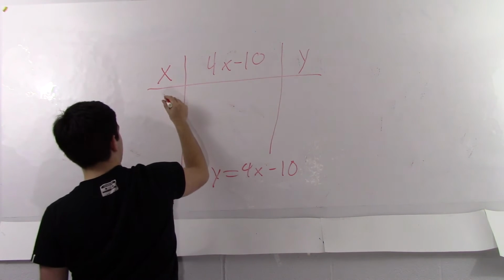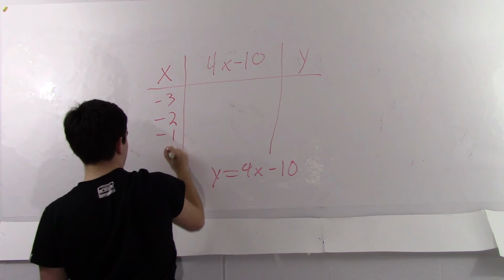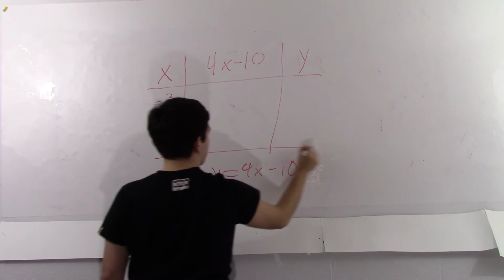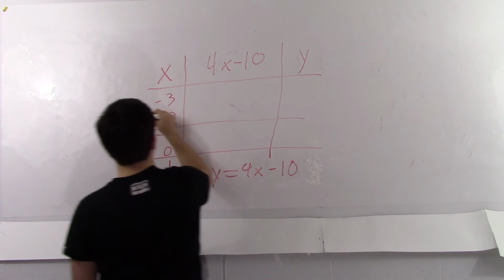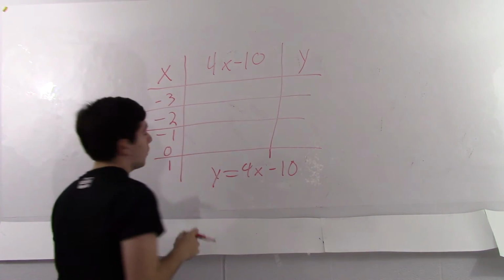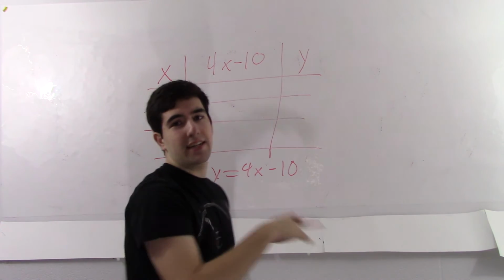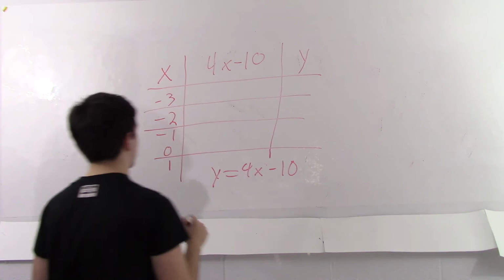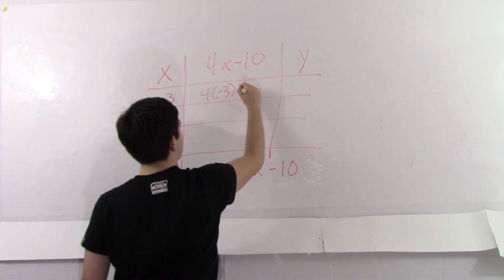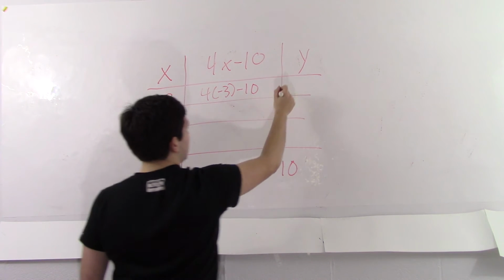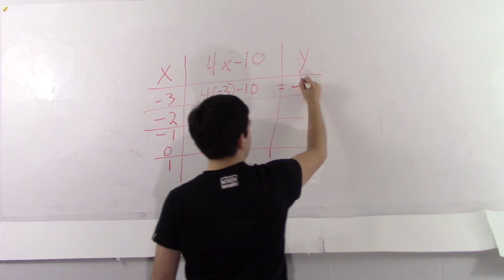So let's say I do negative 3, negative 2, negative 1, 0, and 1. These are just random. I'm not doing any specific order. Although when you go on further, you're going to want to do it usually from negative 3 to 3. That's a good set to work with. But we plug in each thing.